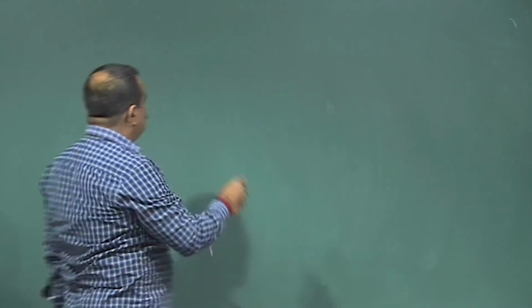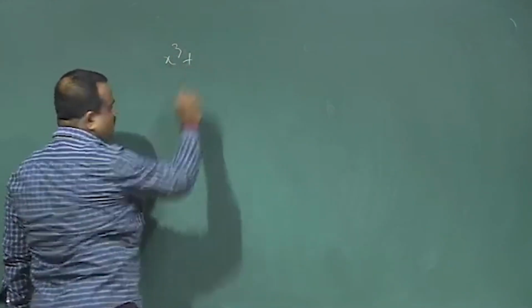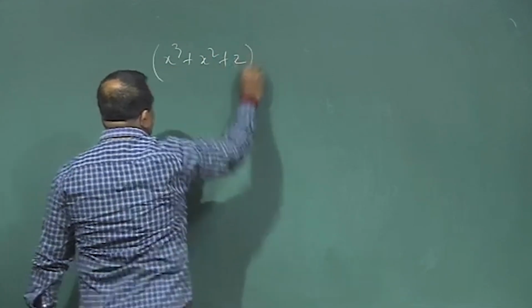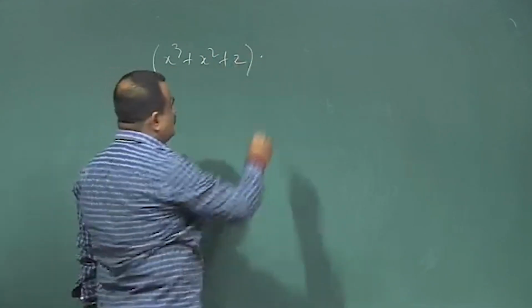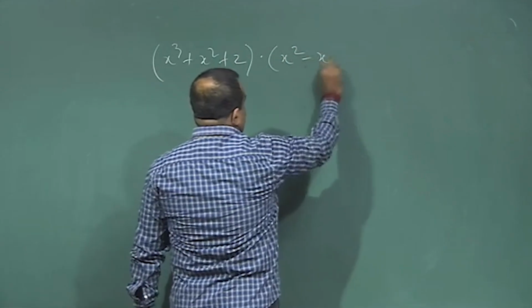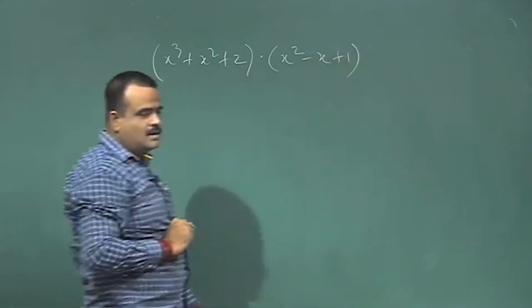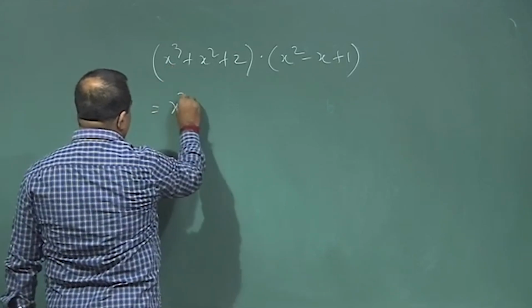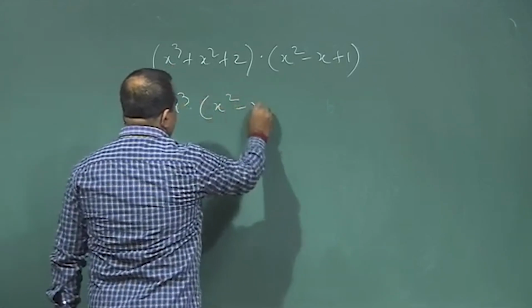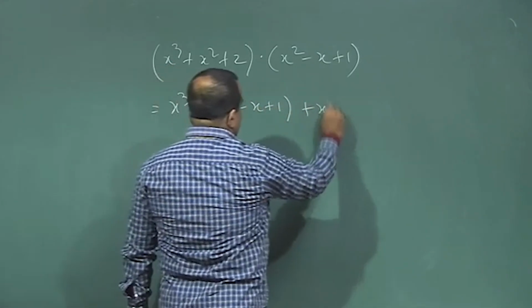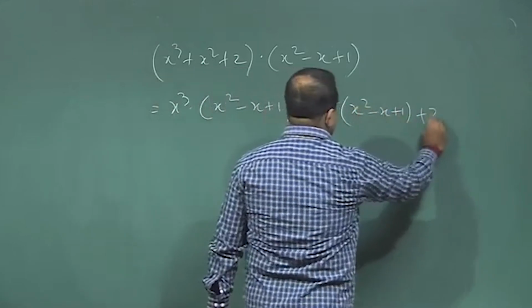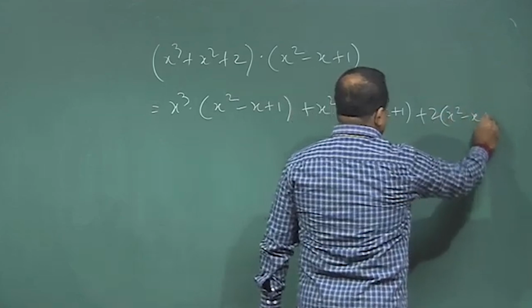So, if we have two polynomials, say x cube plus x square plus 2, this is one polynomial. If you want to multiply this with another polynomial, x square minus x plus 1. Okay. So, this multiplication is simply we first take x cube into (x square minus x plus 1), then plus x square into (x square minus x plus 1), then plus 2 into (x square minus x plus 1).